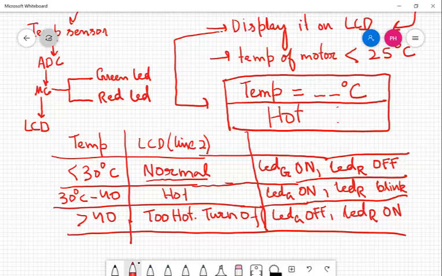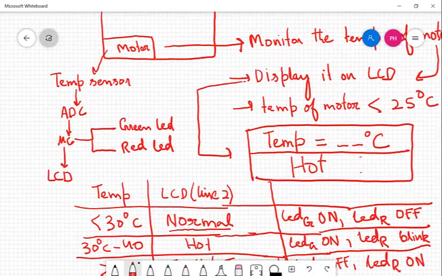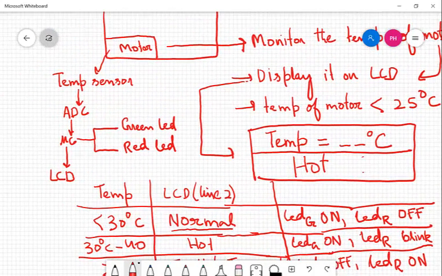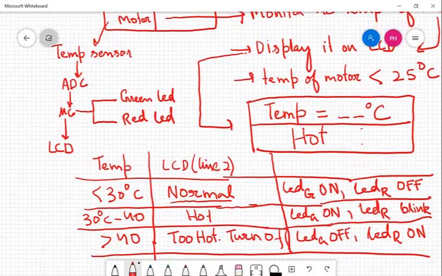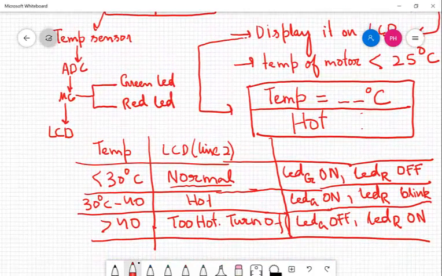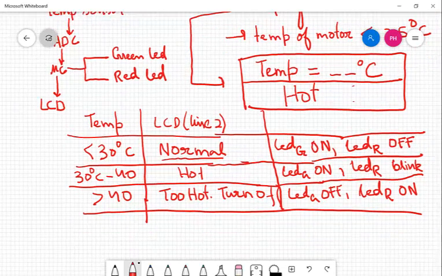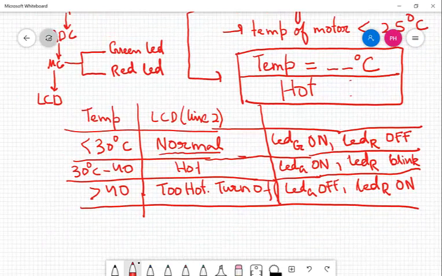I will revisit my problem statement. I have a machine, I have designed a machine, there's a particular part, maybe a motor. I need to monitor the temperature of this part of this motor, and then I need to do 2 things. I need to display the temperature on an LCD screen, and I also need to take care of these LEDs.